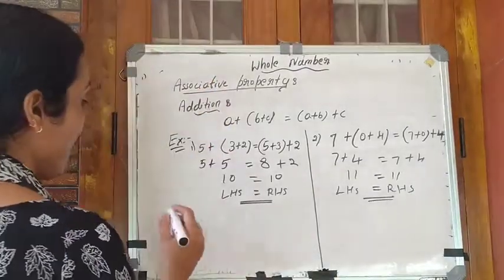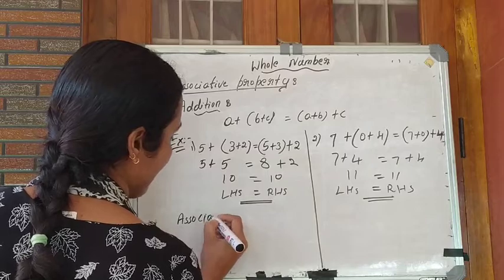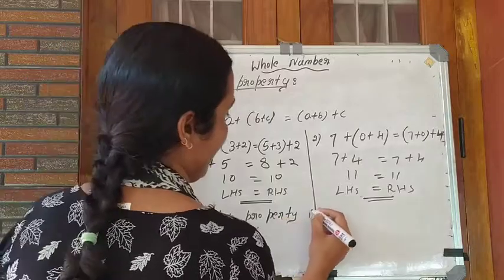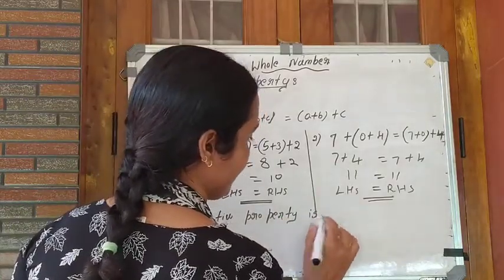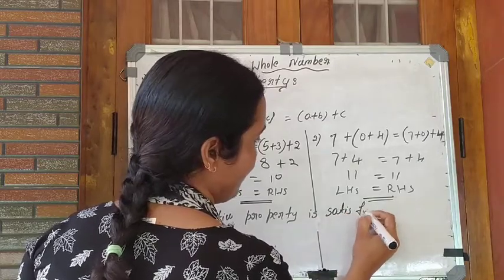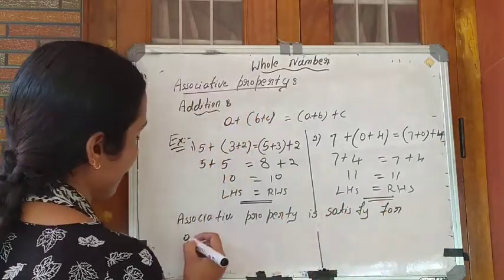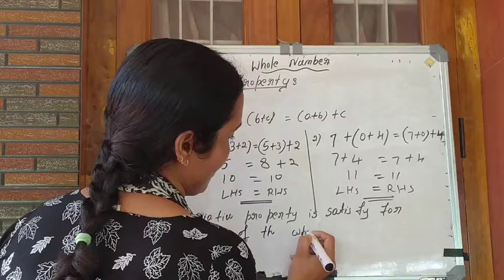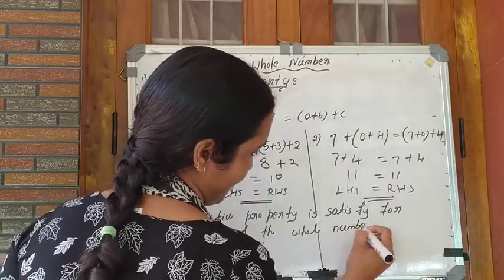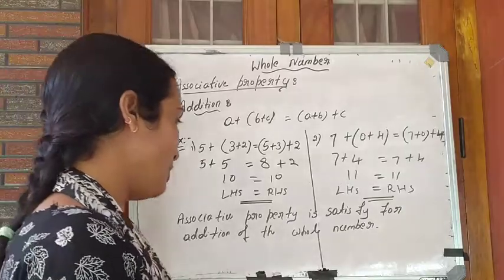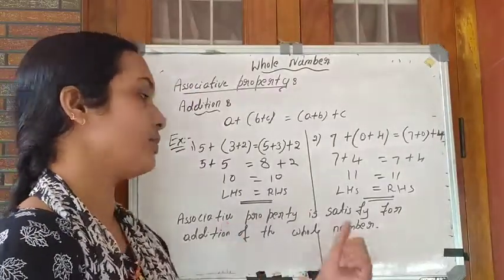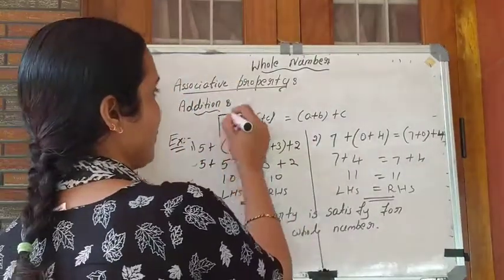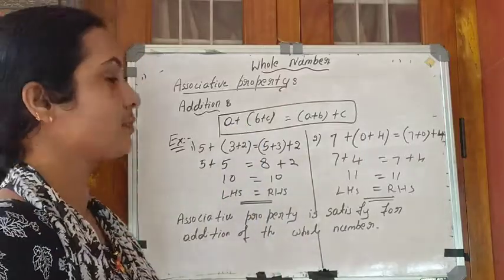The conclusion: the associative property is satisfied for addition of whole numbers. Okay, I hope this example is clear.